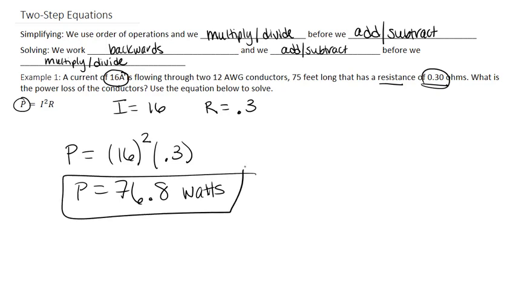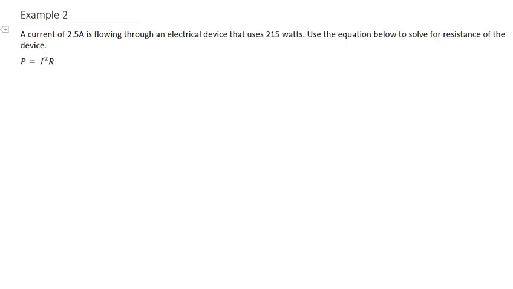So this would be our solution. So let's go look at another example. Example 2. A current of 2.5 amps is flowing through an electrical device that uses 215 watts. Use the equation below to solve for the resistance of the device. So we're using the same equation, but instead we're solving for R, for resistance.